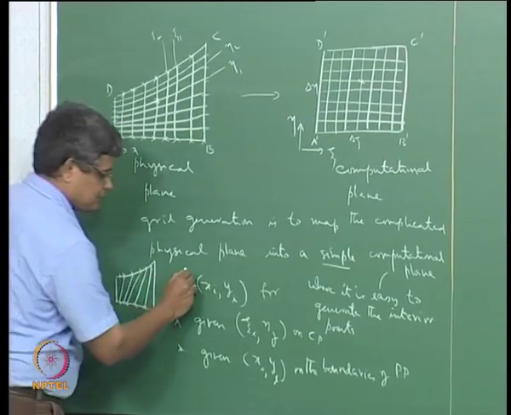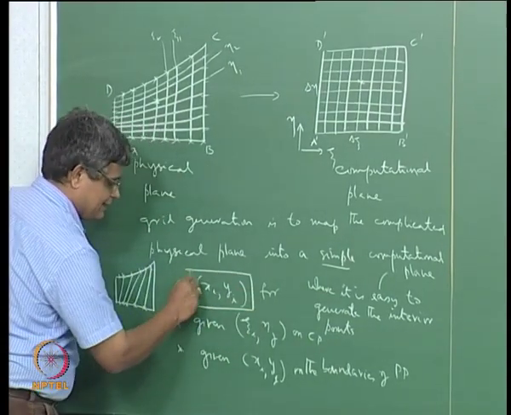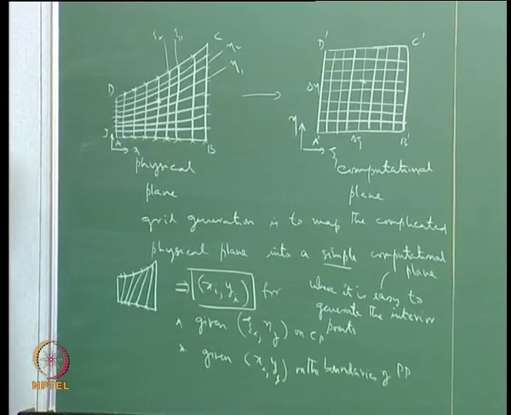So, we have to find the xi yj of all the interior points of this.